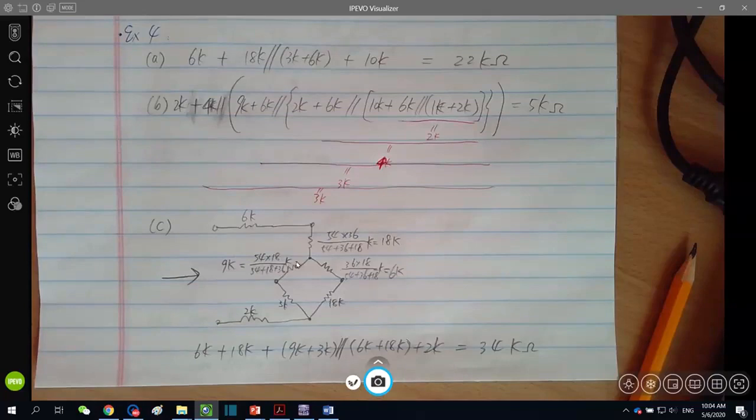Also, between this one and this one. After combining them respectively, you see these two are actually parallel. And then from there, you basically know what to do next. Okay. The correct answer for this total resistance is 34 kilo.